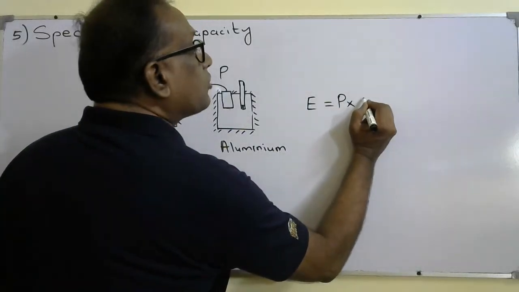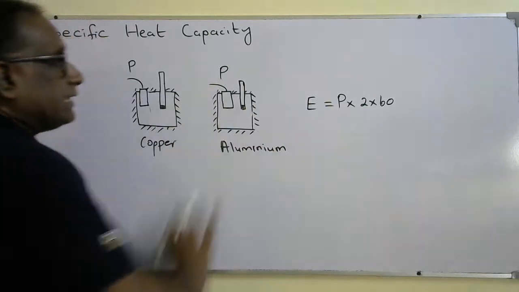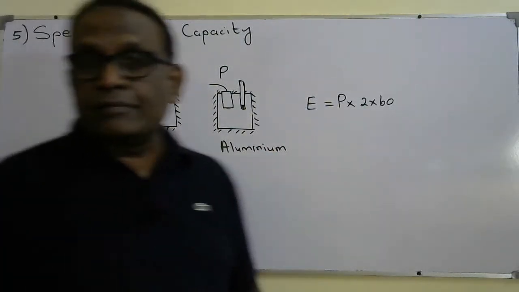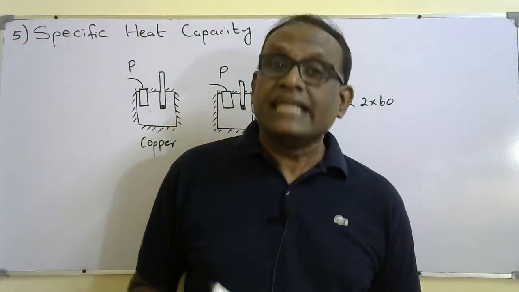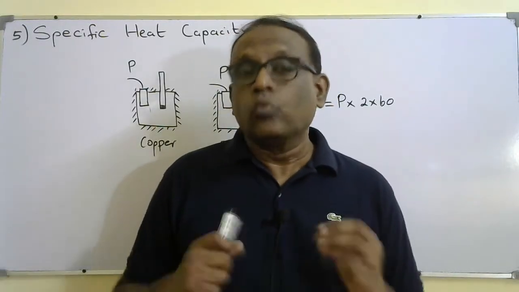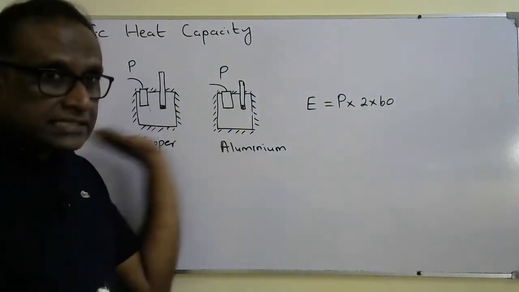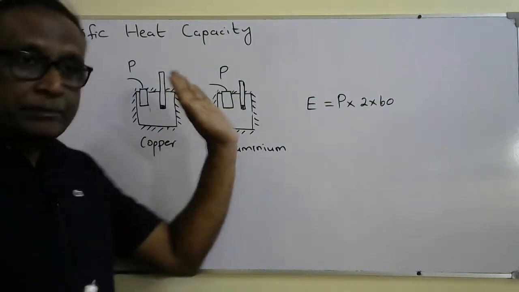Both were switched on for the same time, 2 into 60 seconds. So both metal blocks receive the same amount of heat, but the increase in temperature will be different. Why? Because both have different atomic structures, different structures of atomic planes.